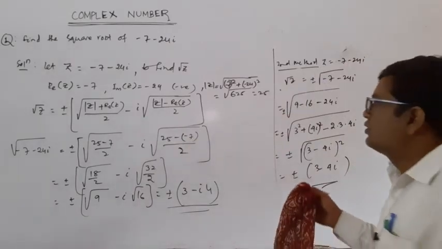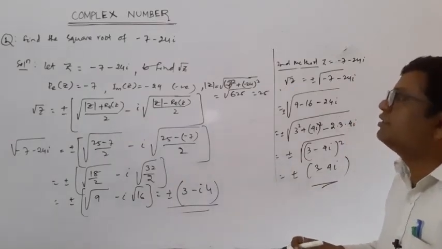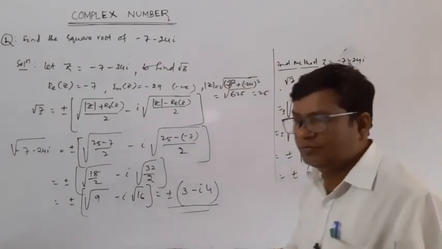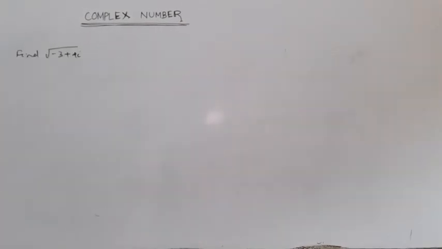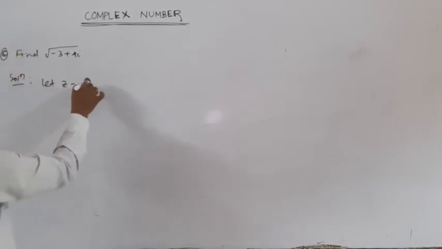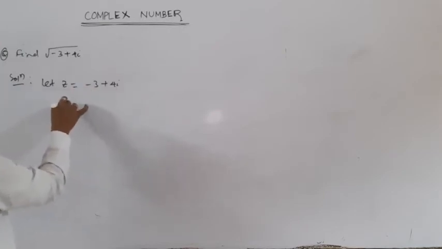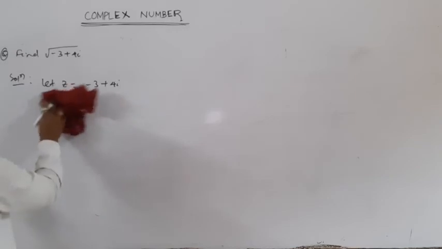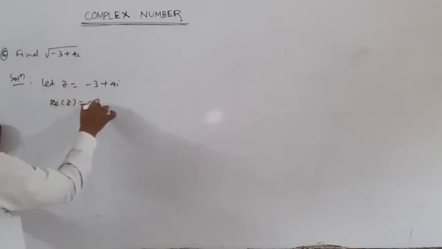Okay. So now another question to find the square roots of the complex number. Now find the square root of this. Let z is equal to minus 3 plus 4i. The real part of z is equal to minus 3.